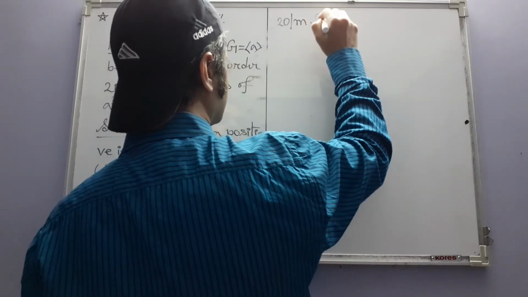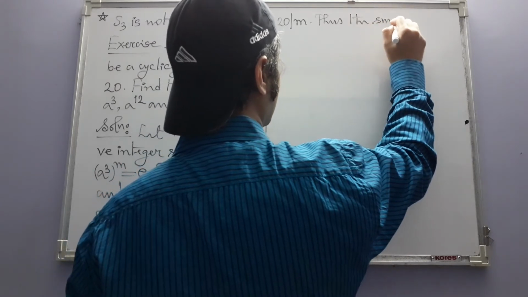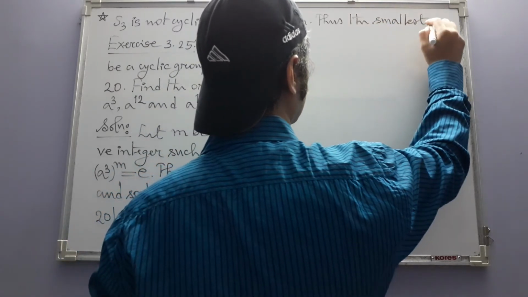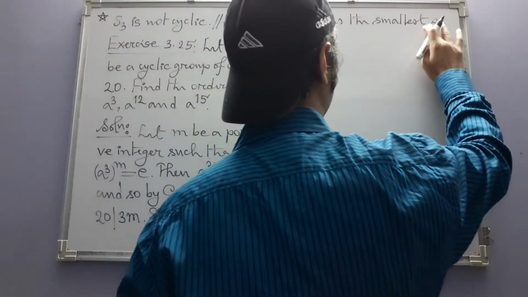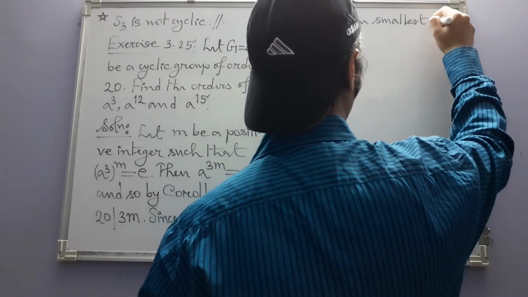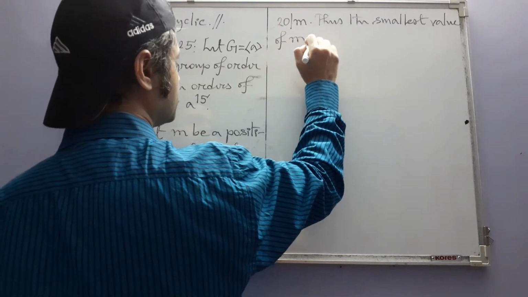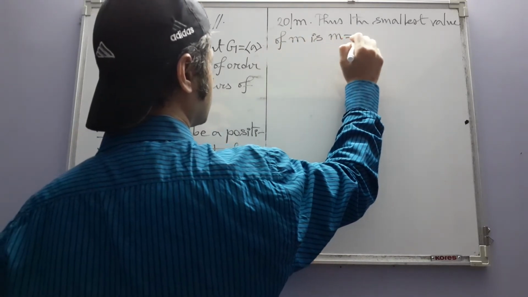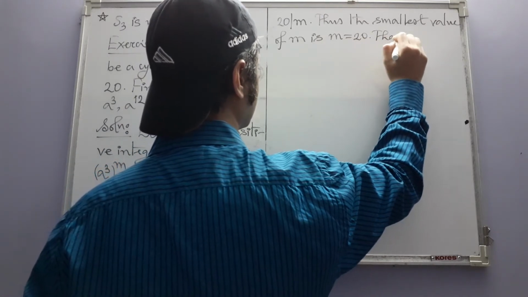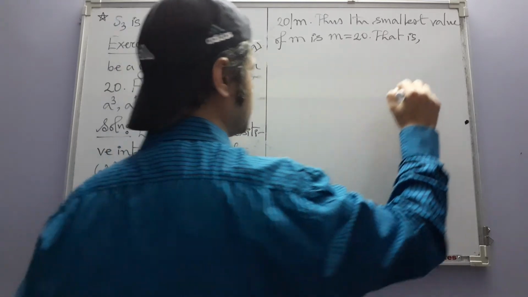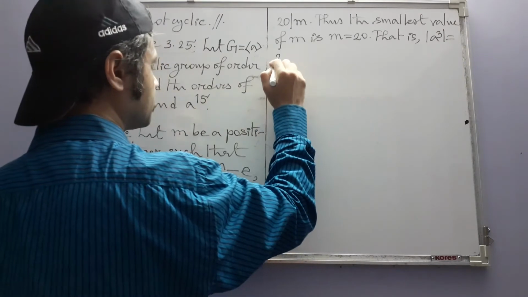Thus the smallest positive value, because we have already taken m to be positive, we need not mention it once more. The smallest value of m is m equal to 20. That is, the order of A cubed is 20.